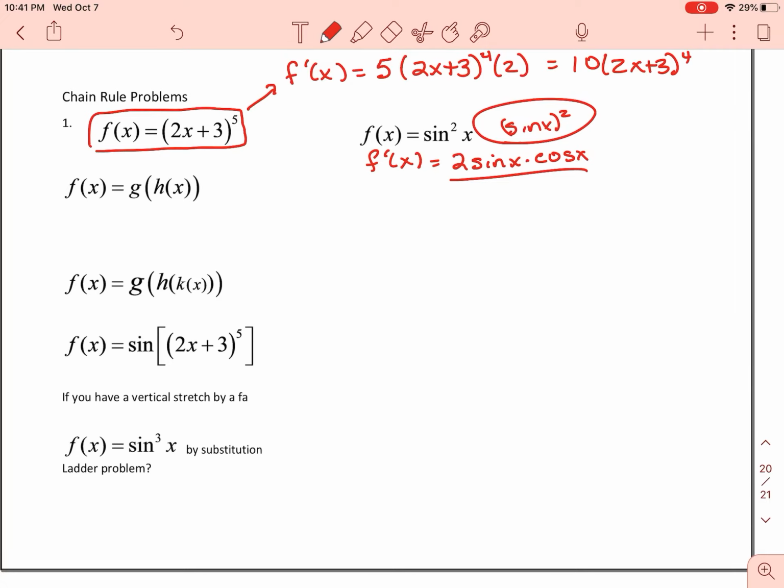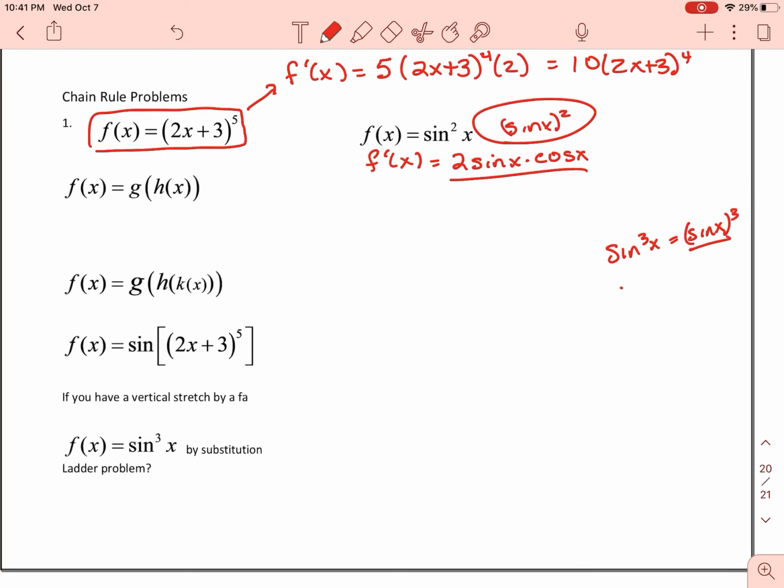The one that I've found that kids miss the most is when I would give you something like sine cubed of x. And that, of course, is (sine of x) cubed. The derivative of that is 3 times the sine squared of x. And what a lot of kids do is forget to put that squared right there. They bring the exponent around front and they forget to put the squared on there.